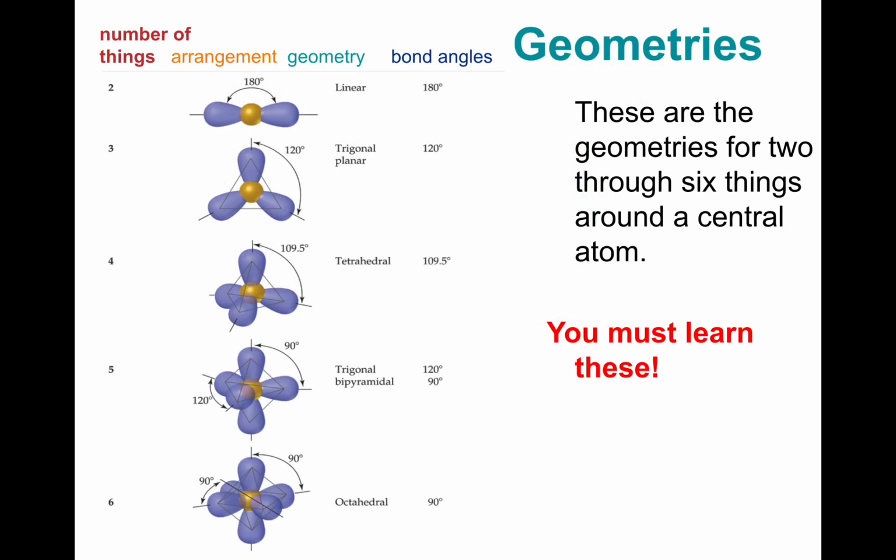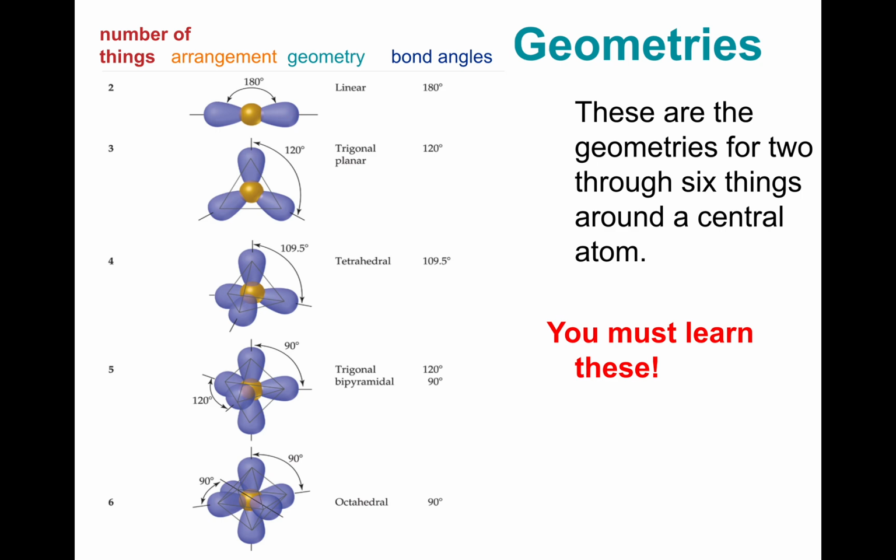Okay, so geometries. These are all of the geometries for 2 through 6 things around the central atom. We're going to learn all of these five electron geometries. There's more in depth than this, but this is what we're focusing on.